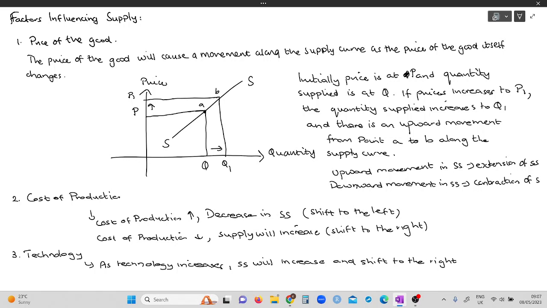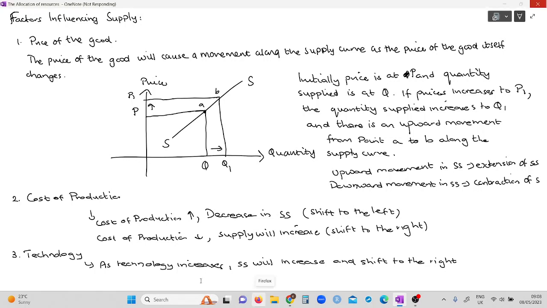Fourth, we also have the weather conditions. For example, let's take the context of goods such as vegetables. Whenever we have poor weather conditions, bad weather in the form of cyclones, floods, torrential rains, it will harm the harvest of these products, so that the supply will tend to shift to the left. Whenever you have bad weather, this will affect your agricultural products.